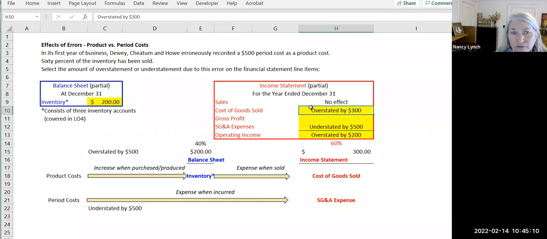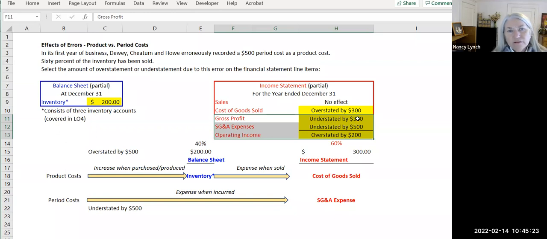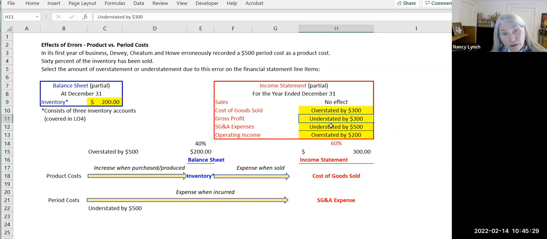So that means if this is too high, then this is understated, not by 500, but by 300. So this may seem a little confusing. That's why I did this second, but basically this is too low by 300, but then this is too low of an expense, 500, making this too high by 200.